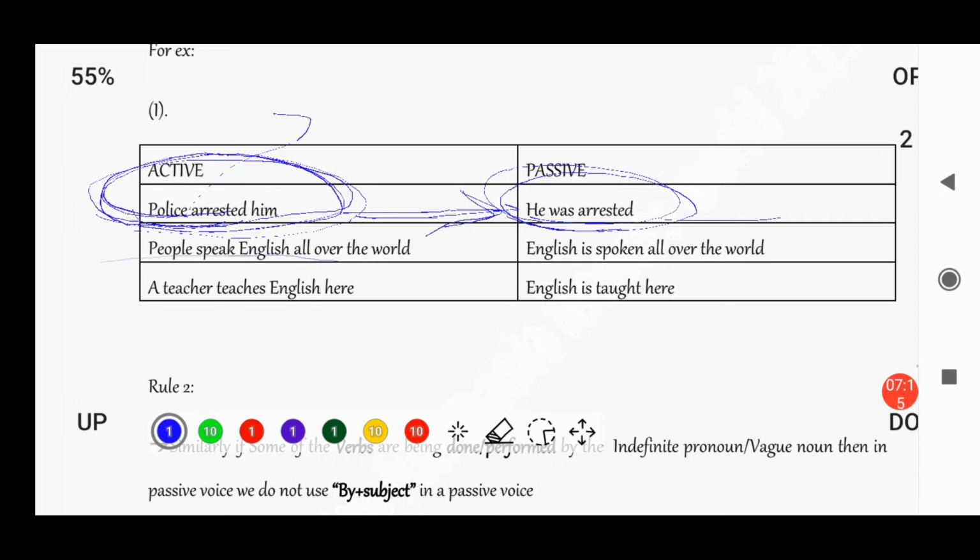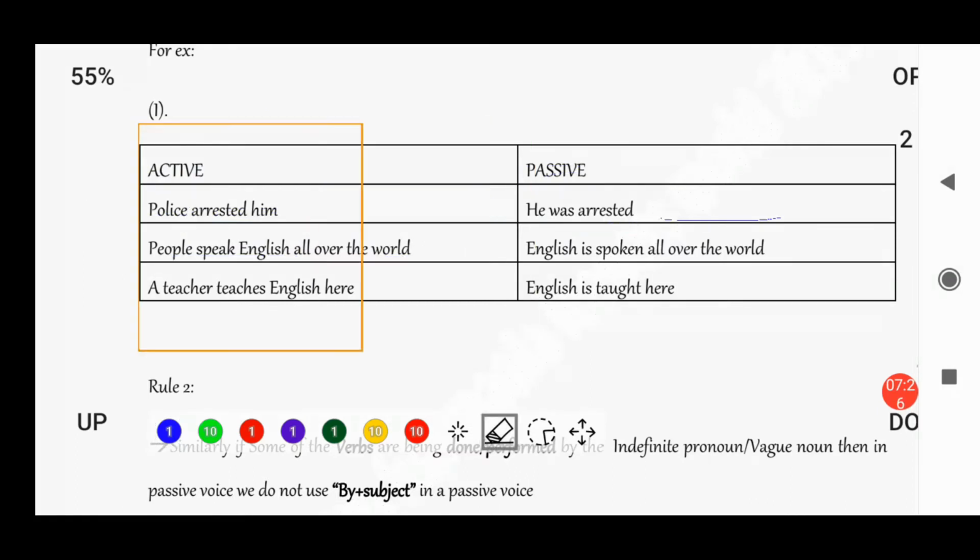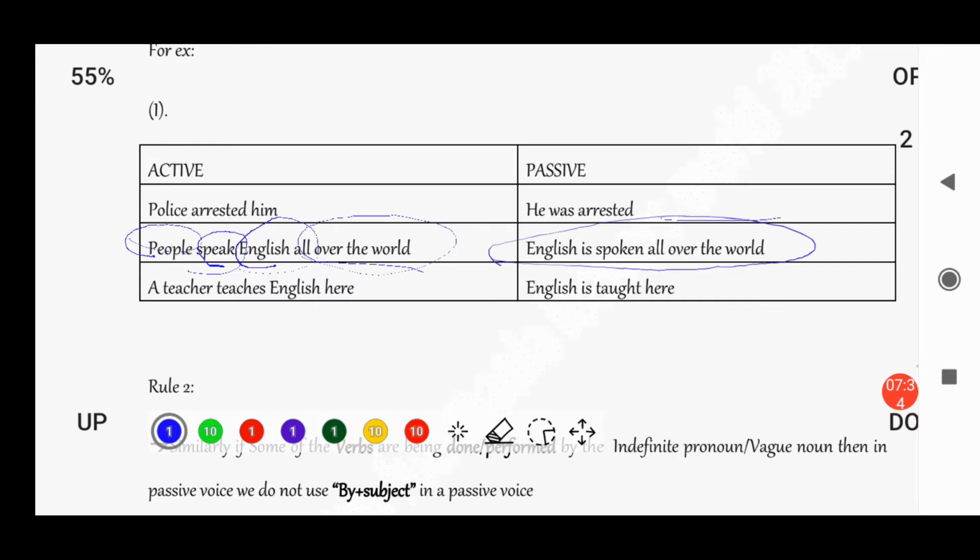Similarly, the next sentence: people speak English all over the world. In the active form, people is the subject, speak is the verb, and they speak English all over the world. But we are not writing the people in the passive voice. While converting, we are not mentioning the people.